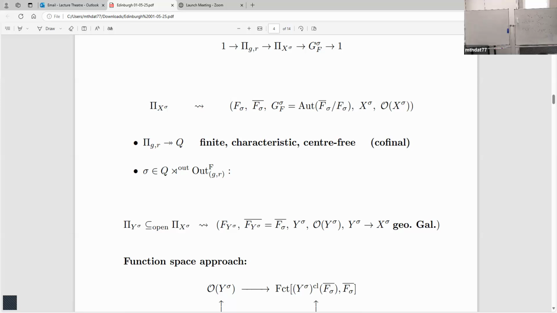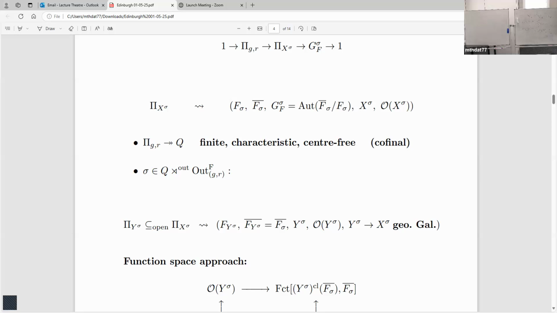You construct a number field F_Y^σ and an algebraic closure F_Y^σ bar, a hyperbolic curve Y^σ, its ring of regular functions, and a finite étale covering Y^σ to X^σ, which is geometrically Galois, with Galois group Q.